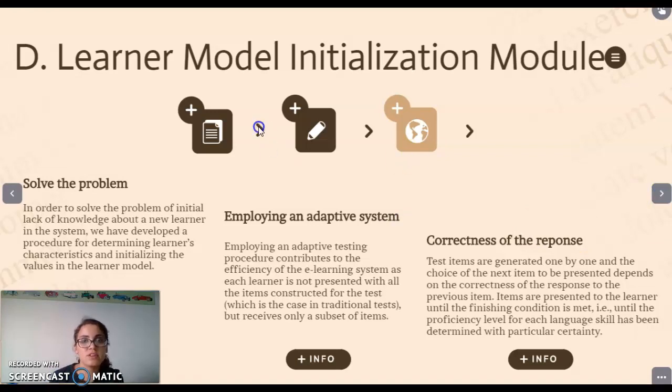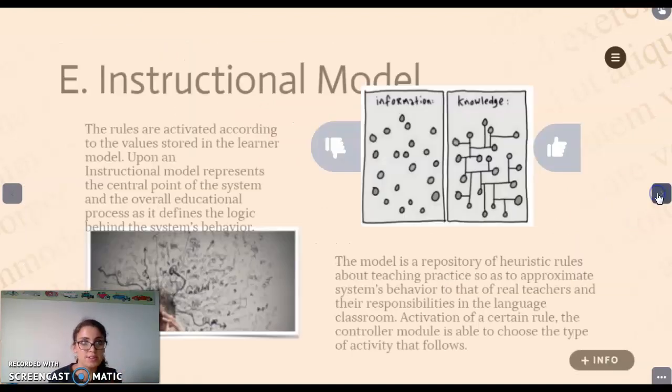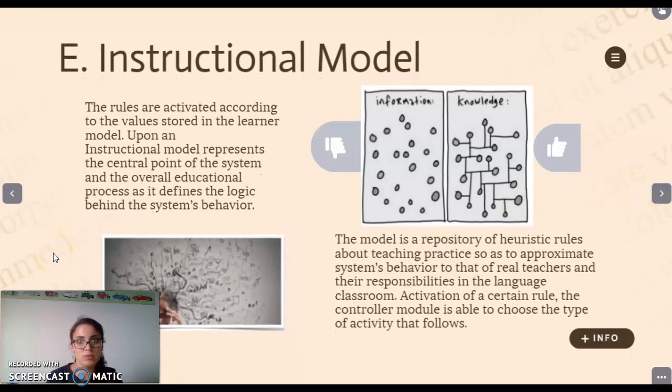These are the three steps for the learner model, how he or she can initialize this model. And the instructional model is very important.